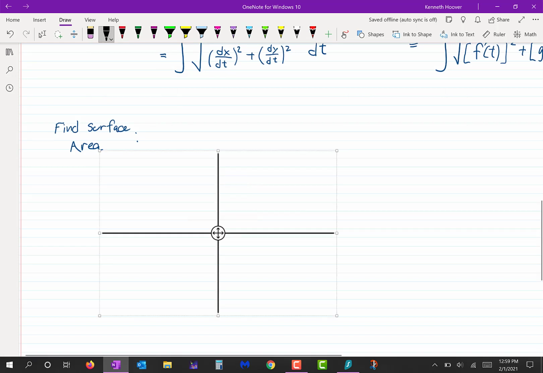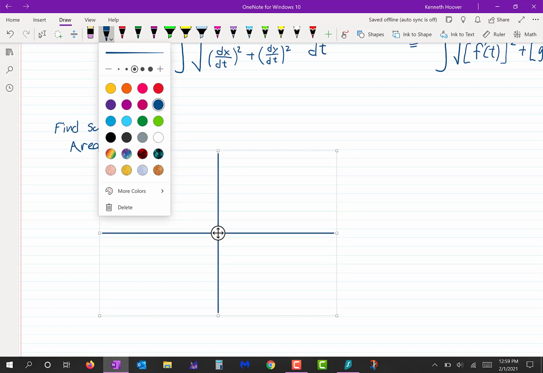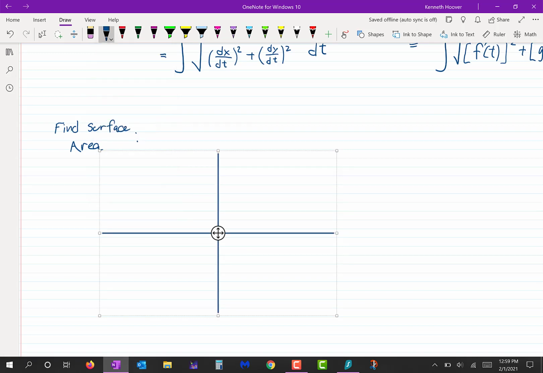Now remember that if you had a function that looked something like this, that would be where y is a function of x, okay?